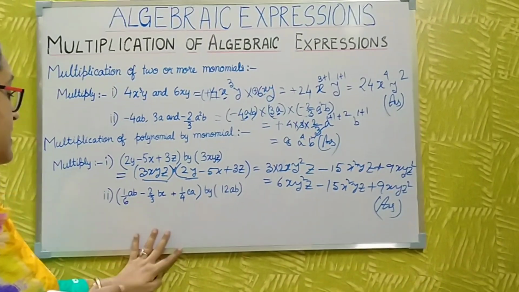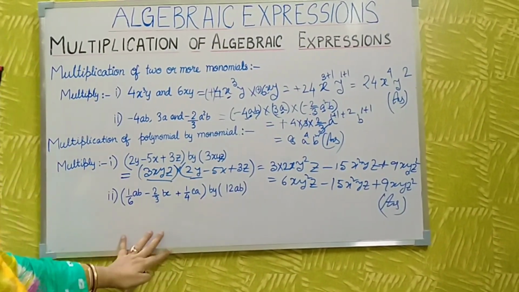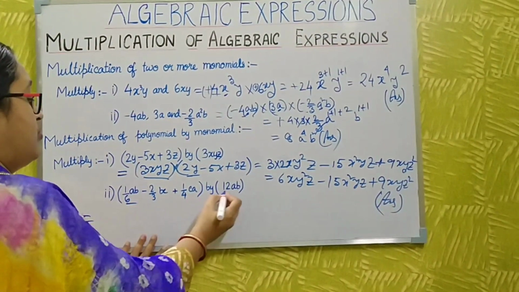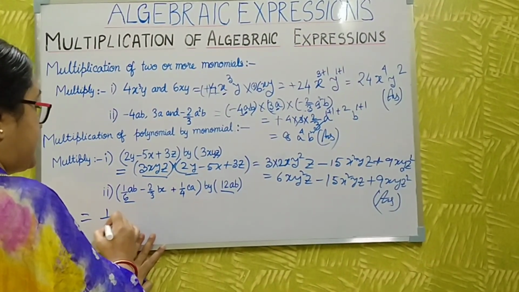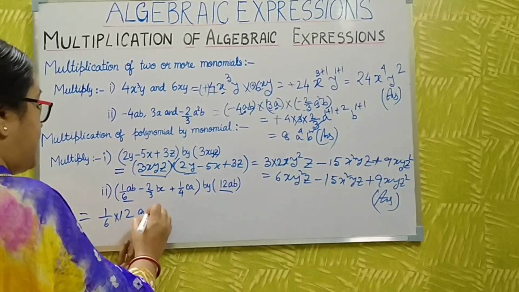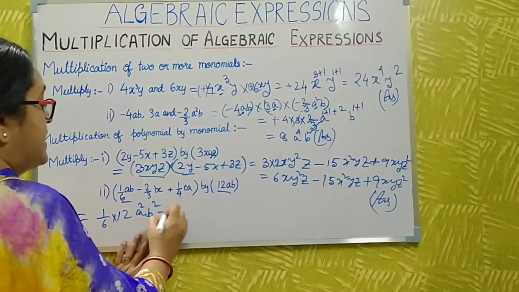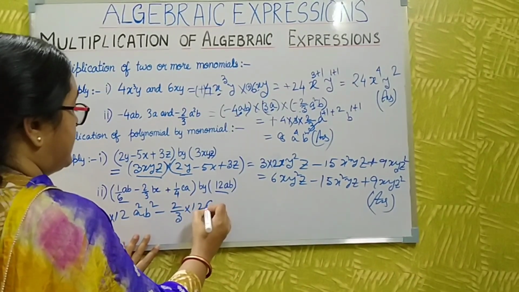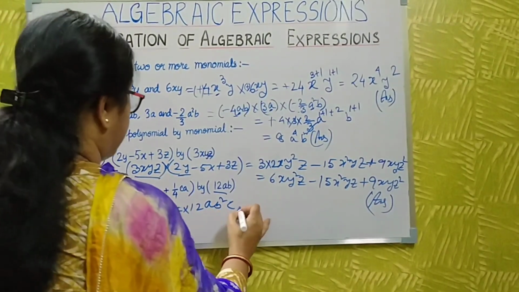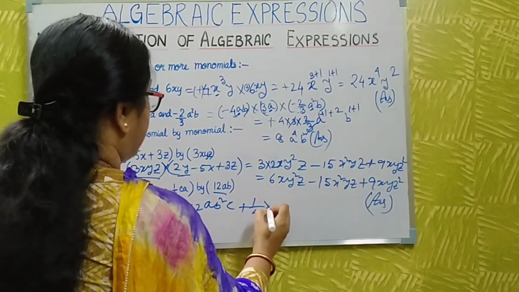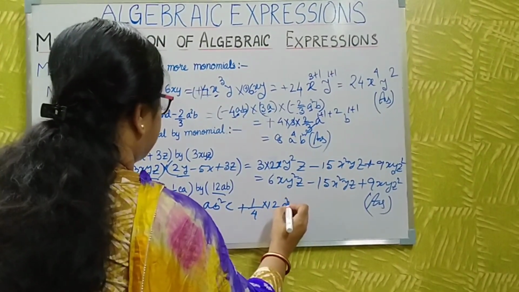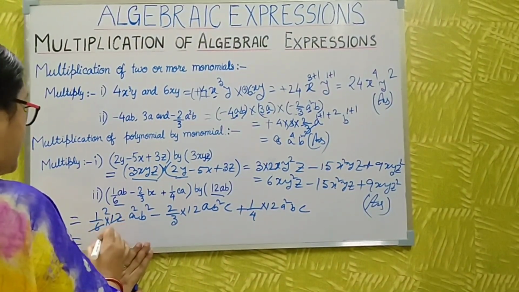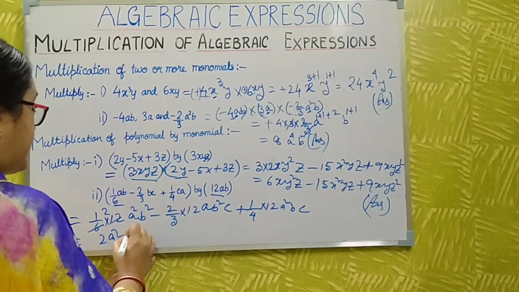Now I do the second example. You do this: 1 by 6 into 12 a square b square, minus 2 by 3 into 12 a b square c, plus 1 by 4 into 12 a square b c. Then 6 2s are 12, so 2a square b square.